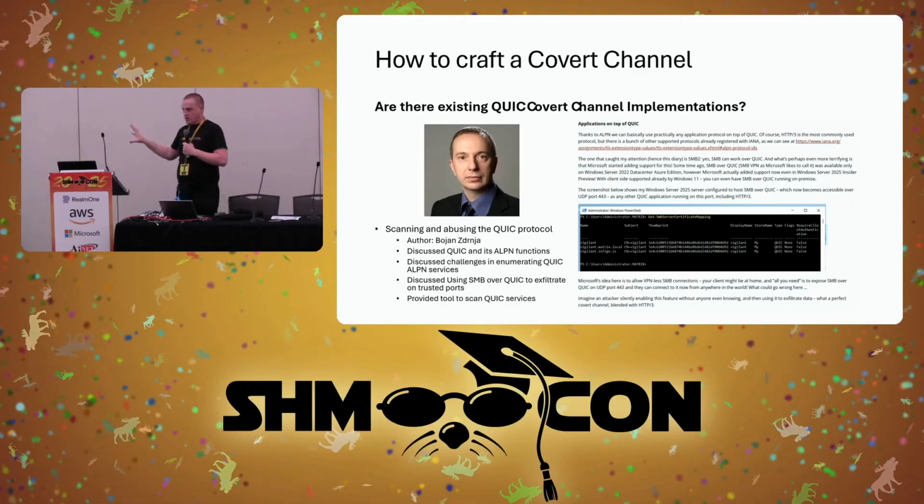His work's really good in terms of there's a lot of tools that can identify UDP ports, but not necessarily what's running on them. He and other colleagues have developed tools that allow blue team people to scan a network and enumerate not just what ports and what IPs are running a QUIC service, but what specifically is on that QUIC service.